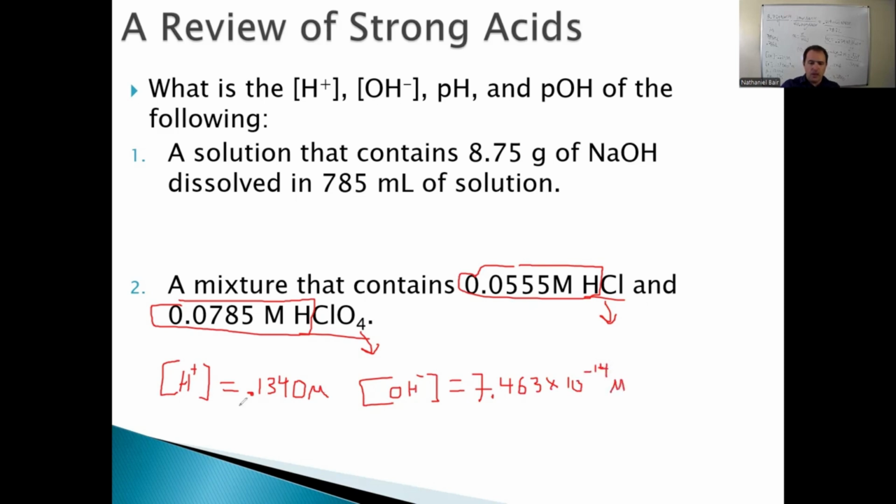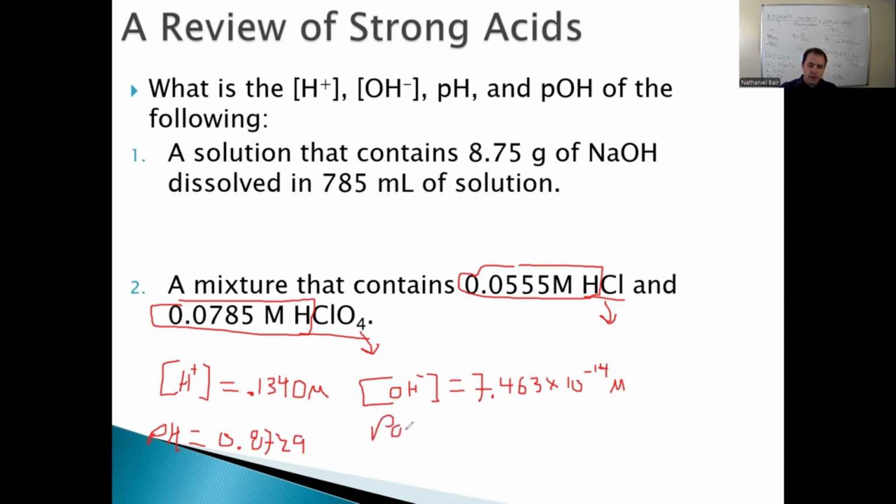There we go. And now I can get the pH and pOH of these, right? So if I take the negative log of the H plus, that's 4 sig figs. We got to go 4 places past. We get 0.8729.